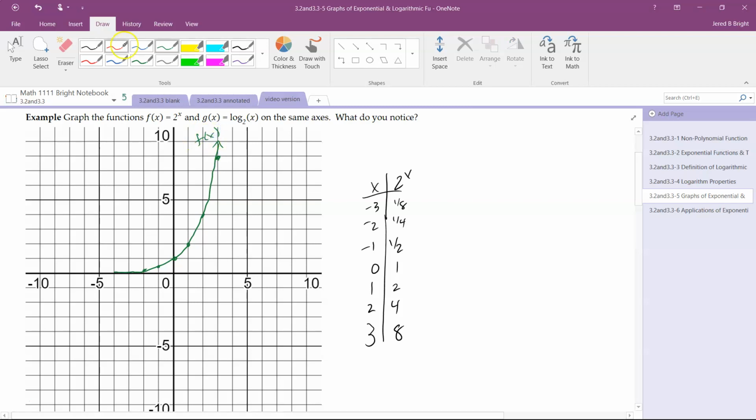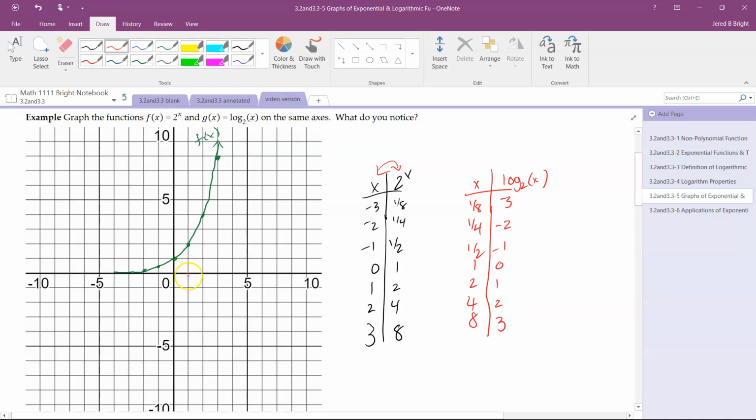Now to graph g of x, the biggest thing I'd tell students is remember, play off the inverse relationship. So for x and log base 2 of x, find the corresponding exponential values and we'll flip the columns. So then we'd have x is 1/8, 1/4, 1/2, 1, 2, 4, and 8, and then minus 3 for the y, or for log base 2 of x, minus 2, minus 1, 0, 1, 2, and 3.